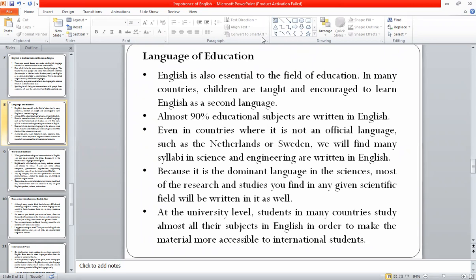If you take your subjects also, like Som, Tom, these are also using English as a medium. Okay, you can't study in your mother tongue.